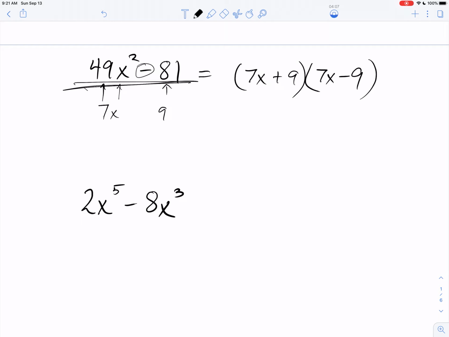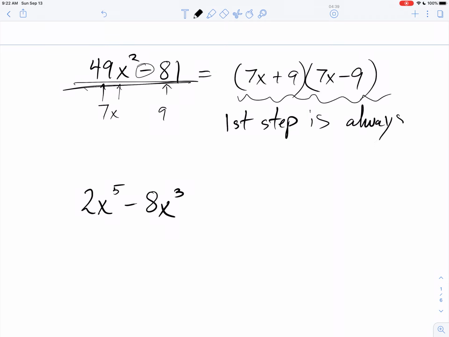Our job is to break it down into its components, and we'll see if anything will go away or cancel out. So to do that correctly, I've got to remind you there's something out there called difference of squares.